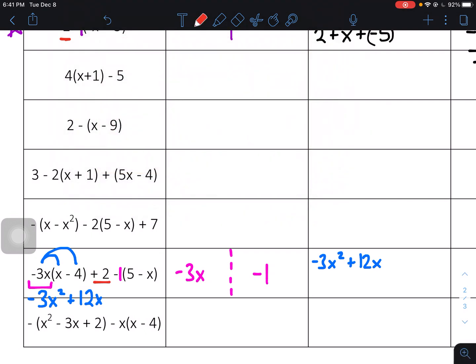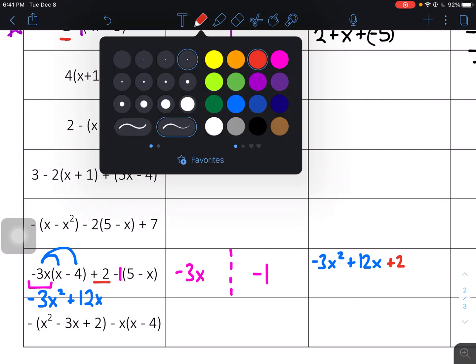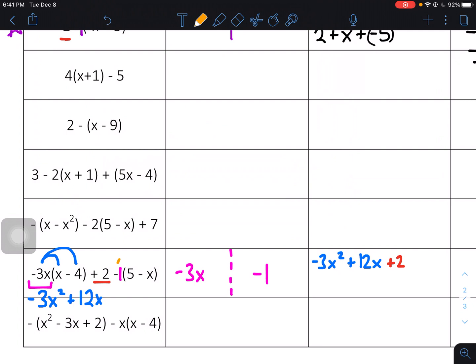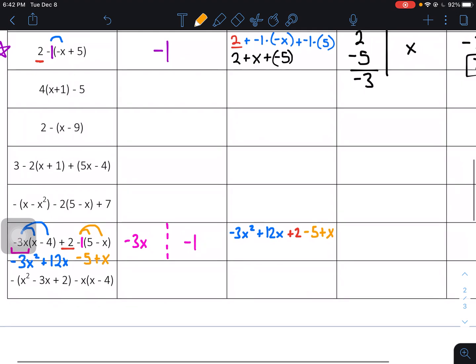This +2 just stays the same because it's just kind of in there. And then I'm going to distribute -1 times 5, -1 times -x. -1 times 5 is -5. -1 times -x is +x. So we have -5 plus x.